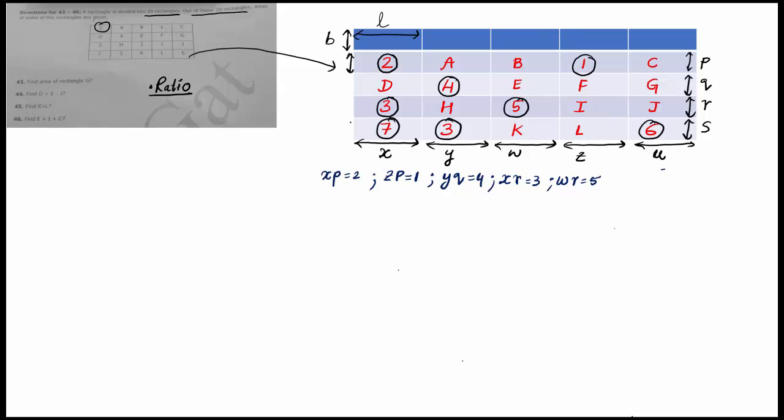Next, let me go into the fourth row as well. This has a length of X. X into S is 7.